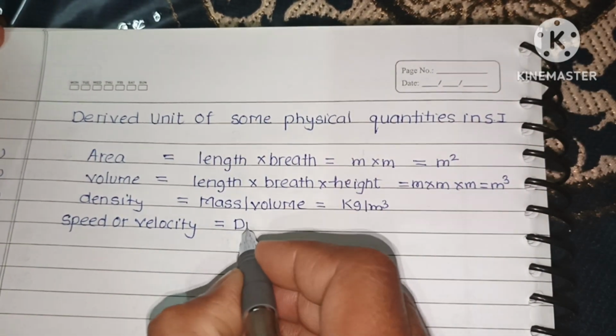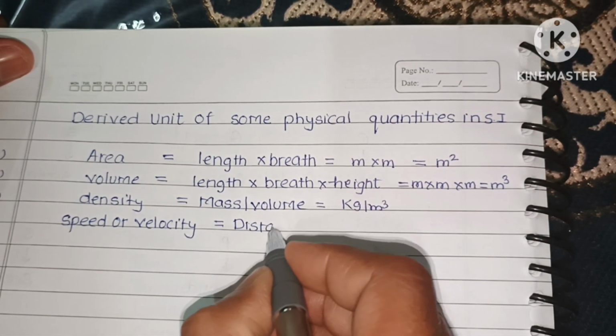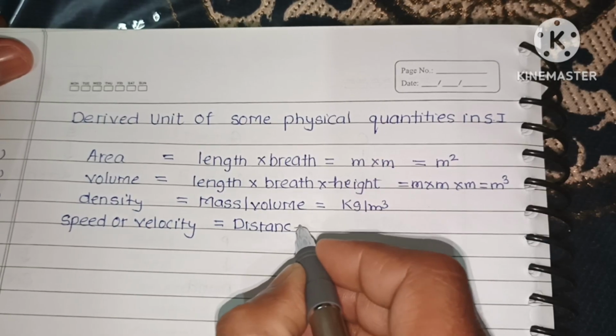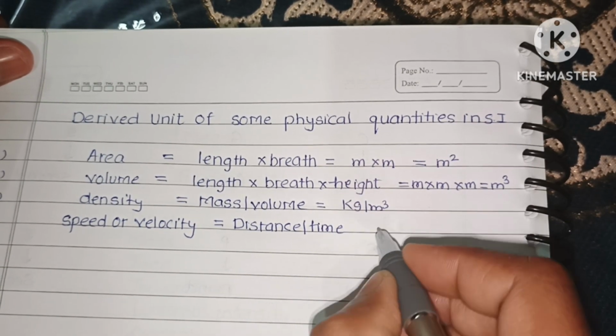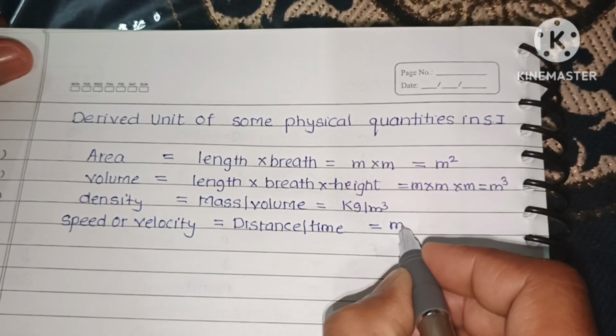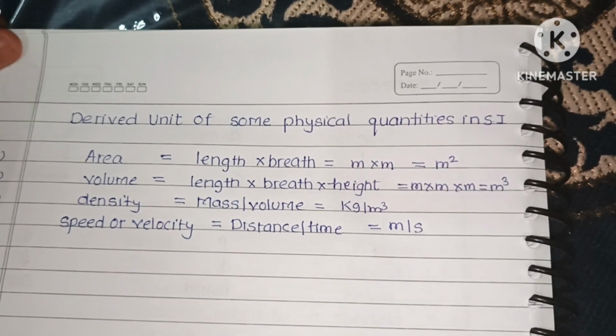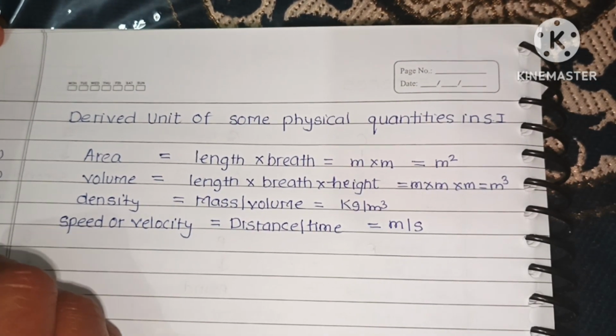Distance upon time. Distance unit is meter and time is second, meter per second.